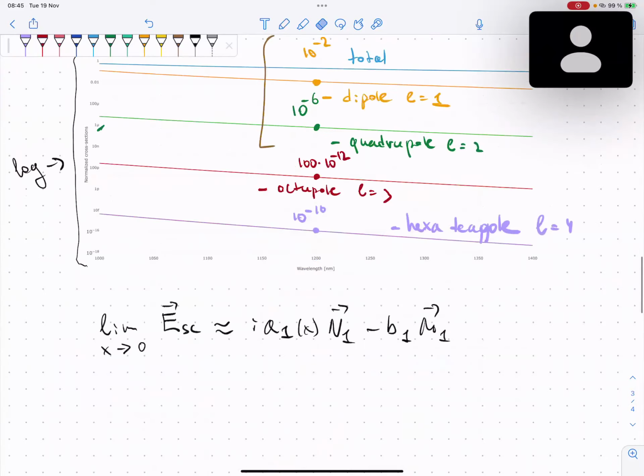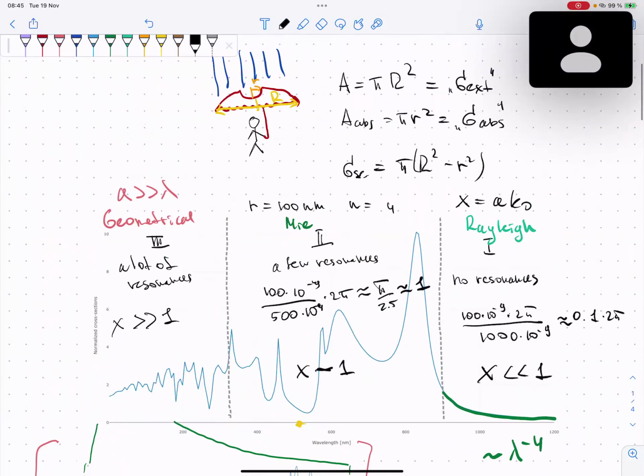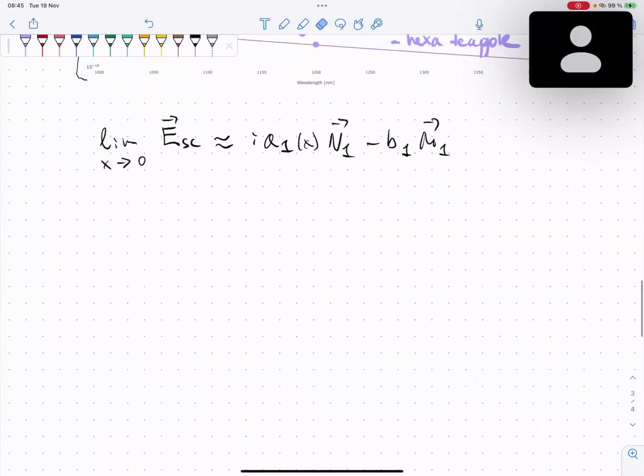Okay, so let us take a closer look at this Rayleigh regime.